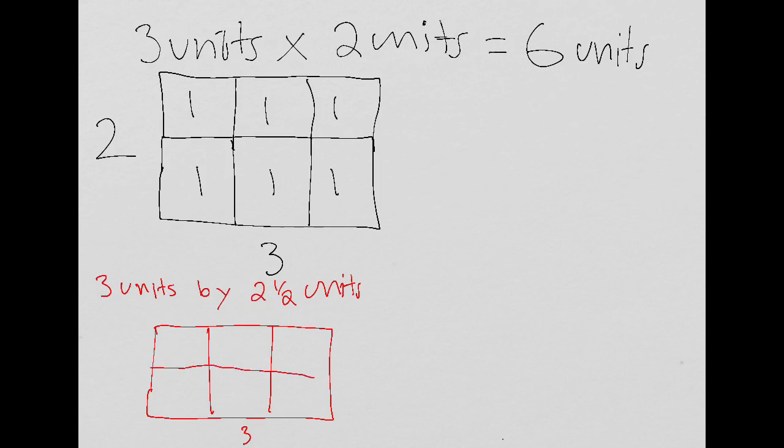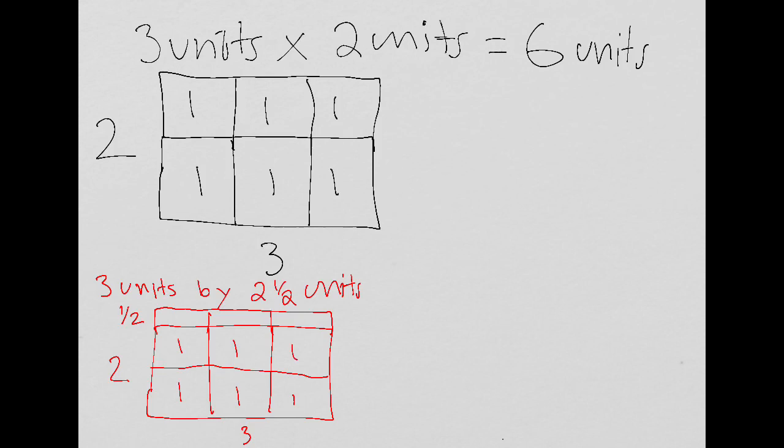So here are my 2, just like we have above, but now I need to represent my half. So instead of drawing a whole box, I'm just going to draw a little halvesy box. And that can be represented by my 1/2. So if I was going to think about these in terms of my tiles, we know that each one of these is worth 1 still.